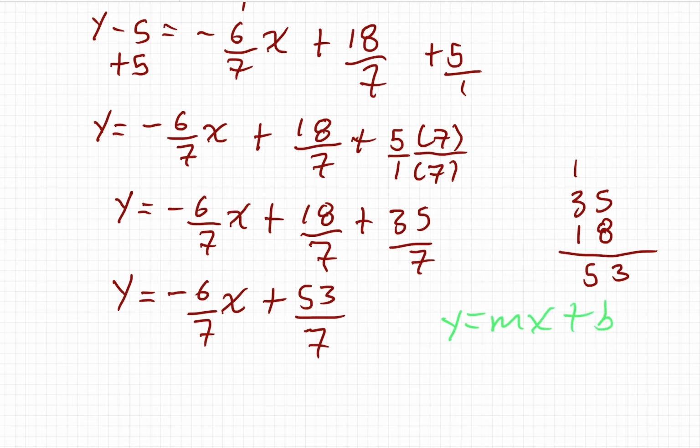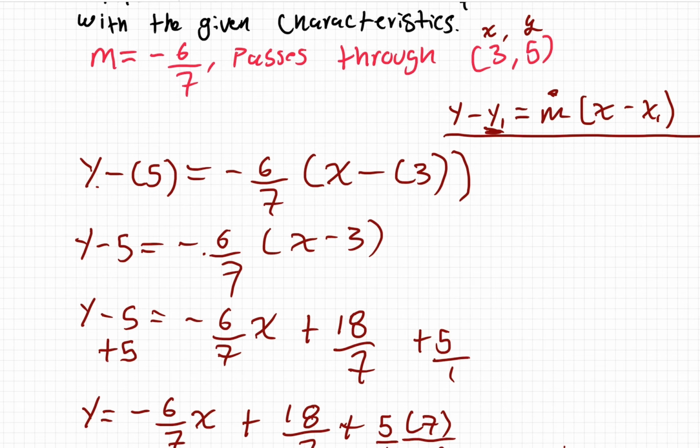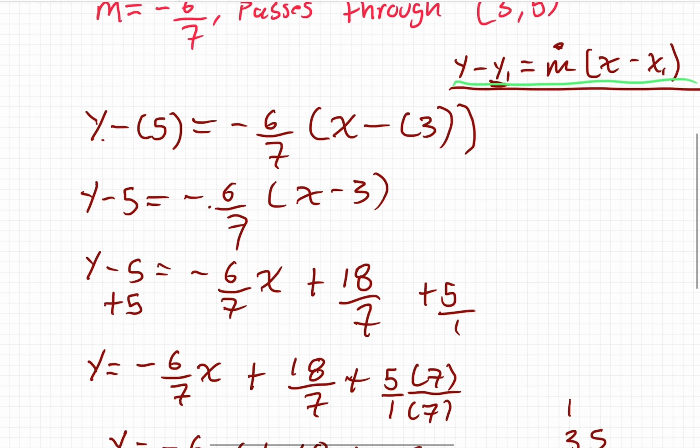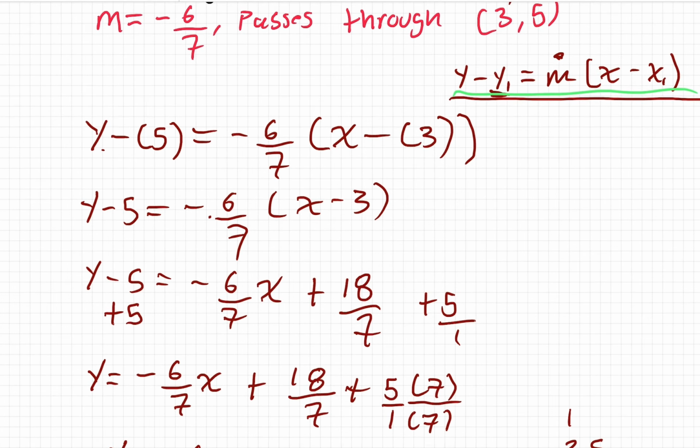So what we did here is, first thing, we applied this formula here. Then we were given a slope, in this case a negative slope, and essentially we just plug in the values for our x and our y.